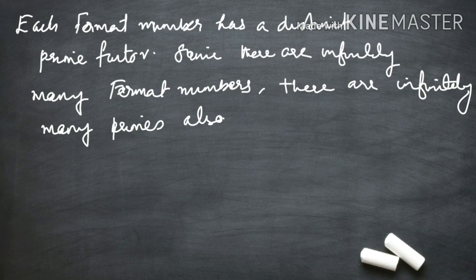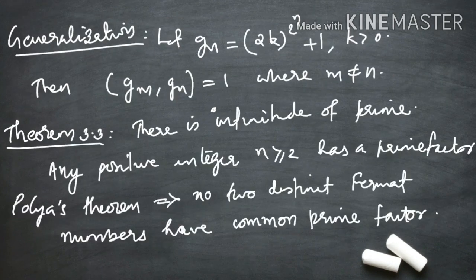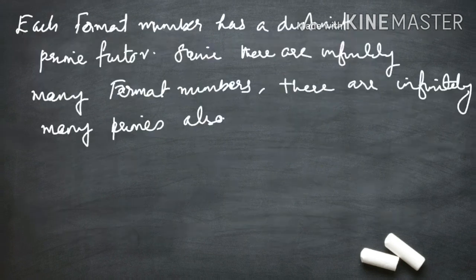So this is a different proof, where we are using only two results: Pólya's theorem and the property that any number n greater than or equal to 2 has a prime factor. Any two distinct Fermat numbers are relatively prime, therefore each Fermat number has a distinct prime factor. So we know there are infinitely many Fermat numbers, and each has a distinct prime factor, so the number of primes is also infinite.